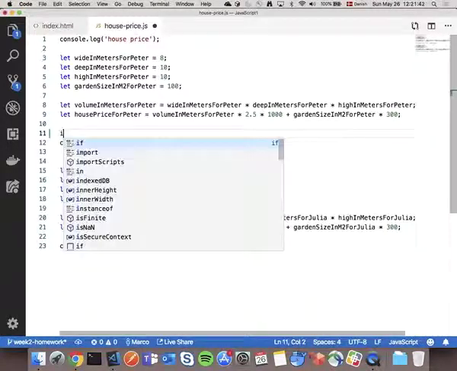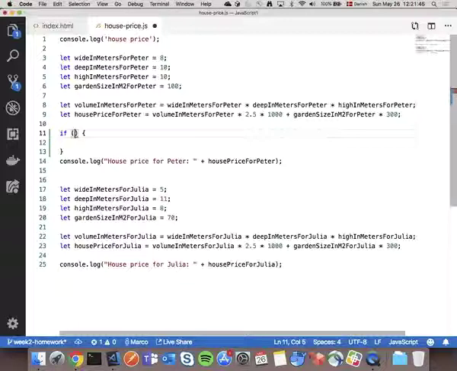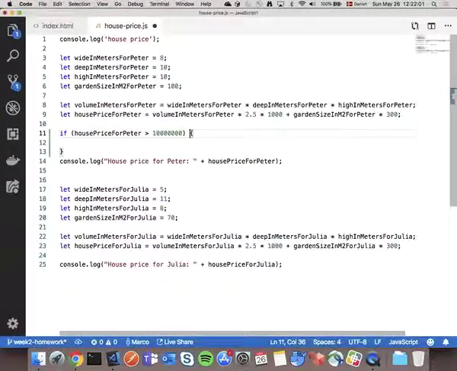Now, as some of you did, you add the price. For instance, house price for Peter. If it's bigger than, I don't really remember the number, the Peter was the first one, right? Yeah, exactly. JavaScript does not accept those things.